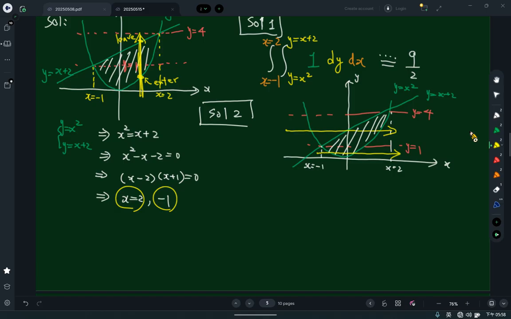But if your emitting ray follows this one, you will see they enter here to here. So you can see this enter point is different from this enter point. Okay, did you notice that? Please pay attention here and here.